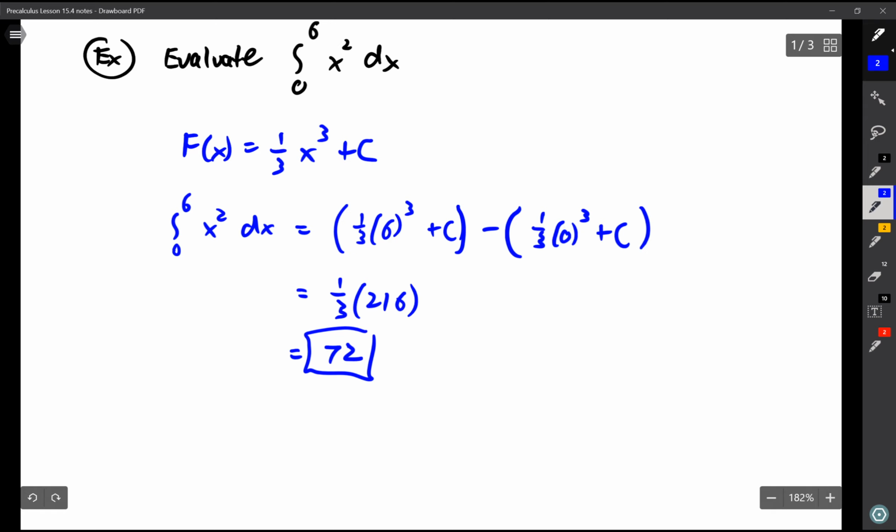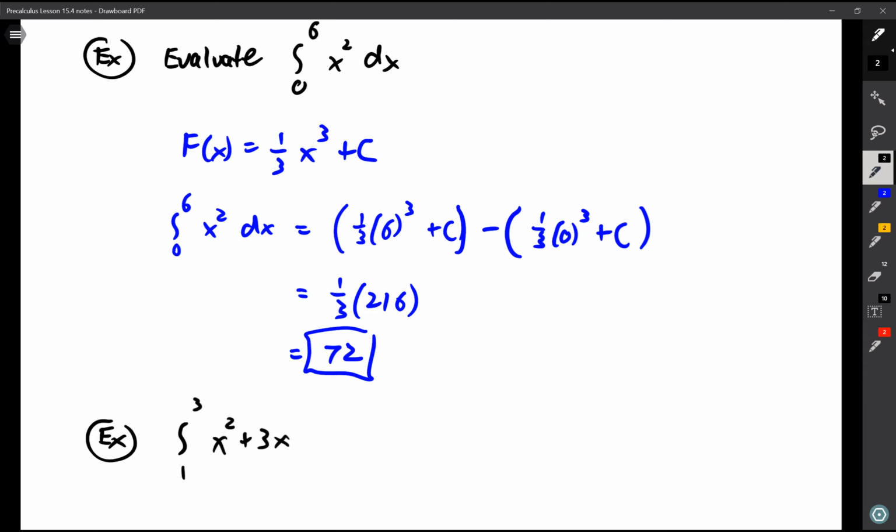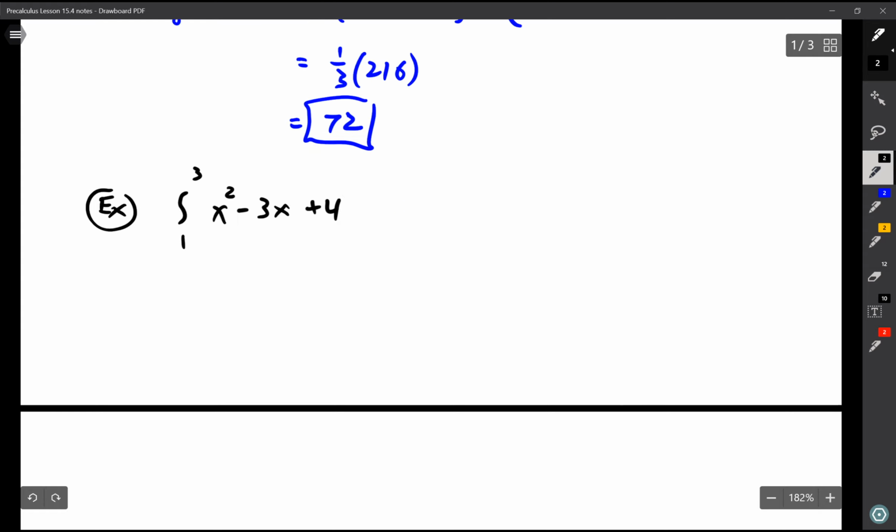Let's do the other example we had from lesson 3. This was evaluate the integral from 1 to 3 of x squared minus 3x plus 4. Okay, well, let's find what capital F of x is.